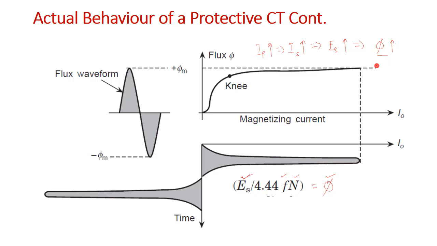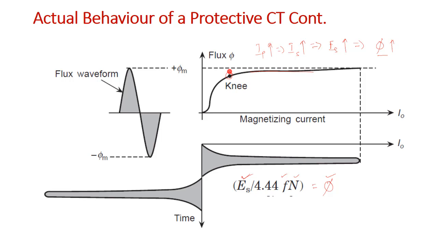When the flux is increasing, we know the BH curve already, we have discussed this, that as soon as the flux is increasing, it requires more magnetizing current in order to provide that flux. You can see here, this is your knee point, and as soon as the flux increases, your magnetization curve gets saturated, right?